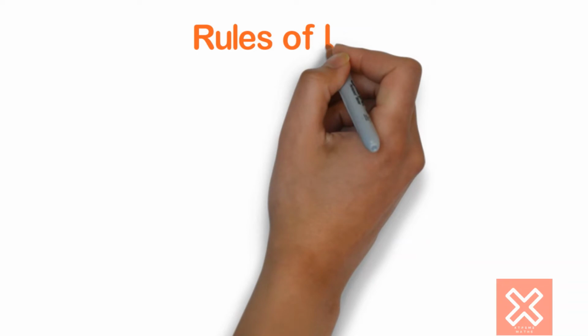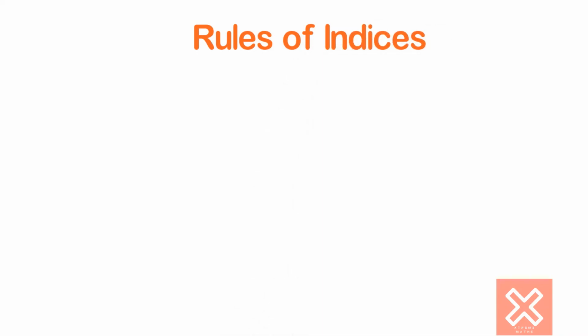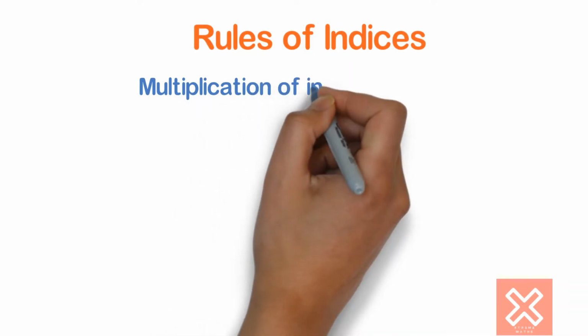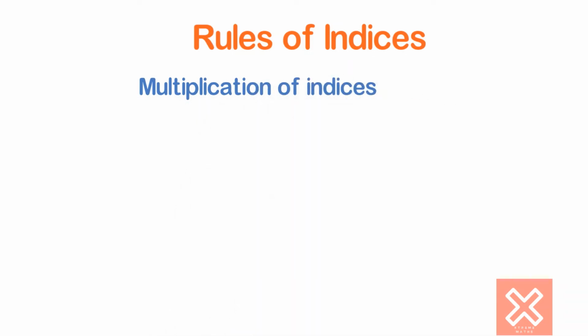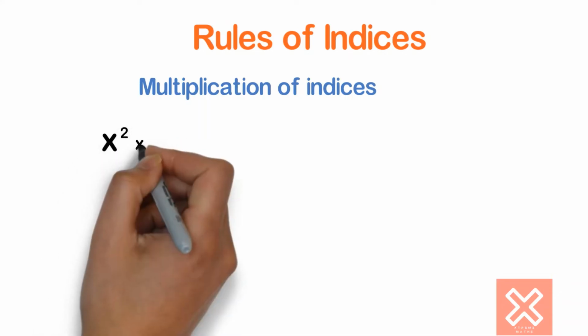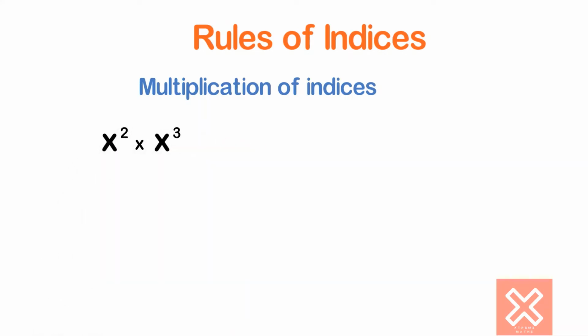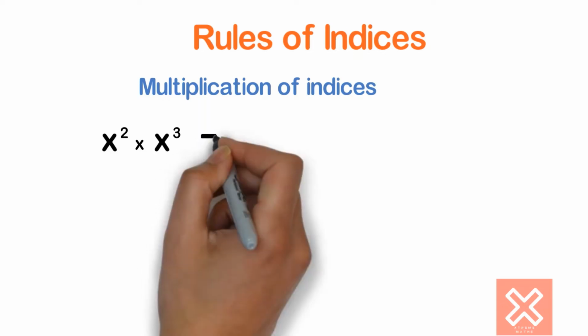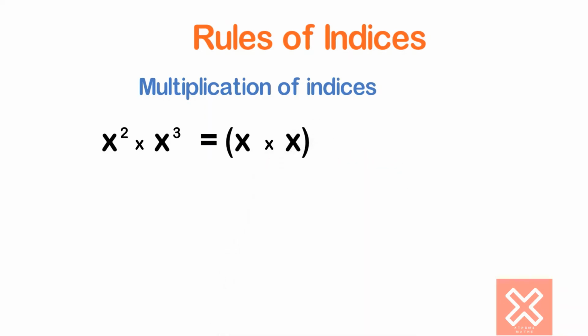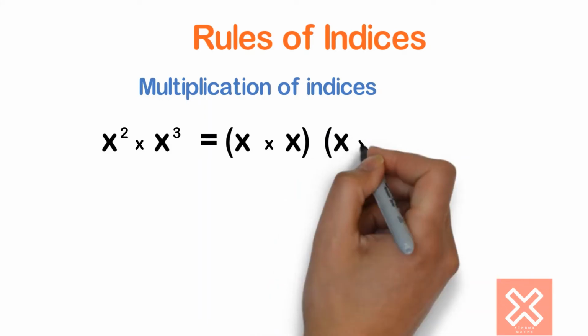Rules of indices. First rule, we are going to learn about multiplication of indices. Look at this one. X to the power 2 into X to the power 3. Here X to the power 2 means X 2 times repeated, X into X. X to the power 3 means X 3 times repeated.